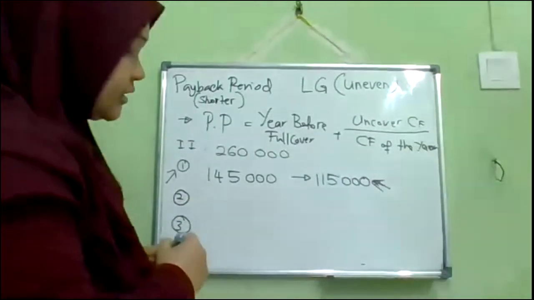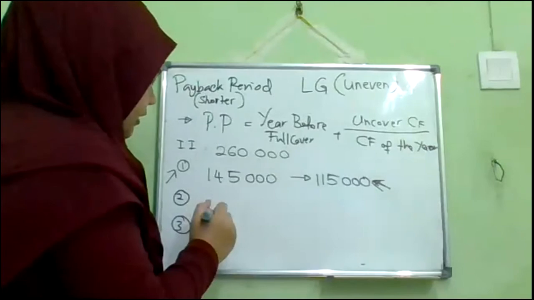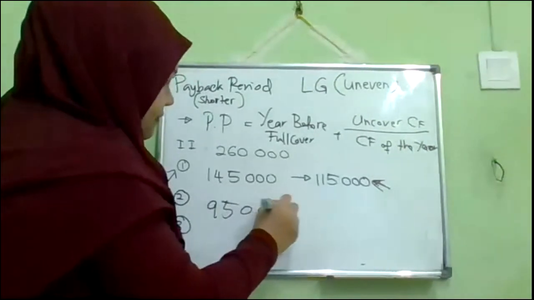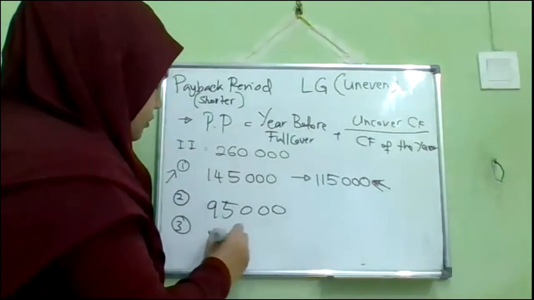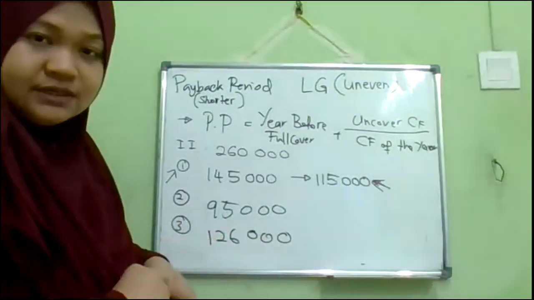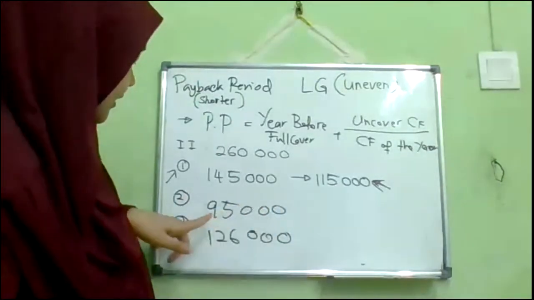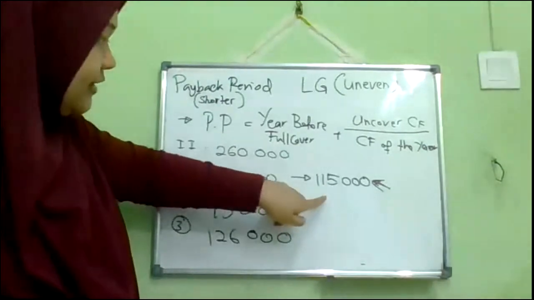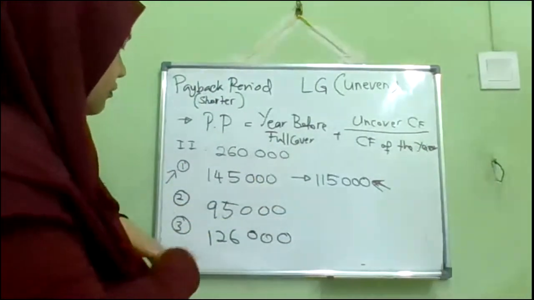For example, if cash flow at year 2 is 95,000, and here is 126. So if like this, this figure is lesser than this figure. So you still need to minus.